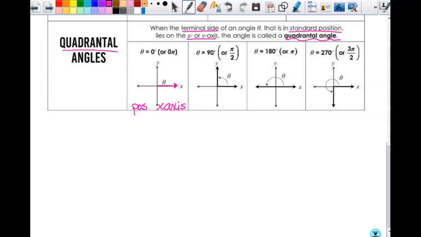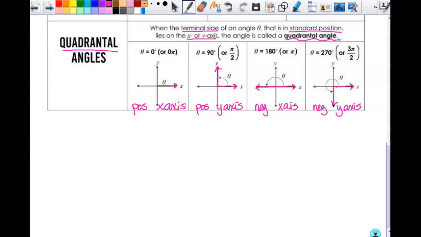If I'm at 90 or pi halves, then it's quadrantal, and I'm on the positive y-axis. If I'm at 180 or pi, then I'm on the negative x-axis. 270 or 3 pi halves, then I'm on the negative y-axis.